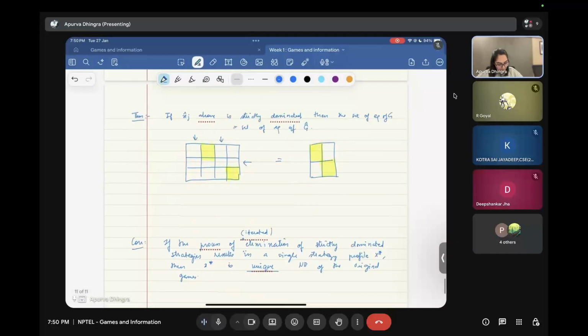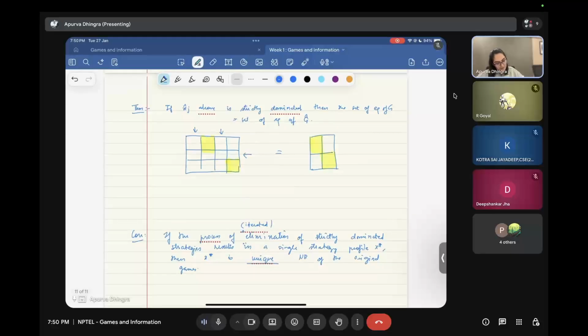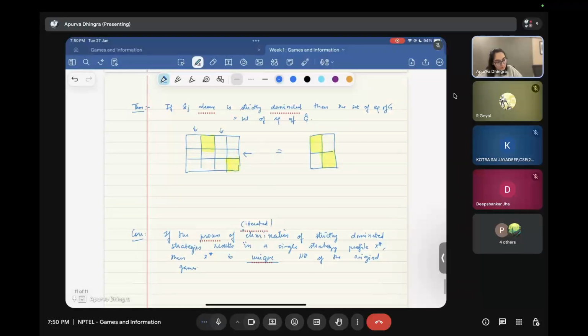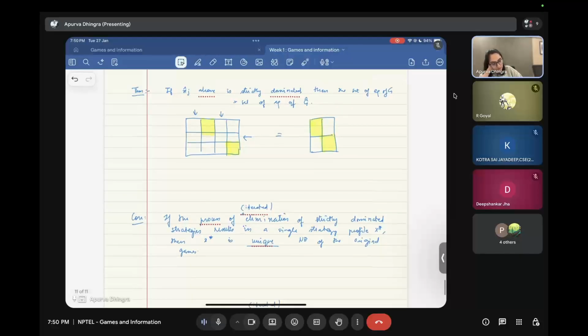Now we can ask the next question that okay, suppose we are actually doing this, and at the end of the process of removal of strictly dominated strategies we get one equilibria. So instead of two, we just get one. If that is what happens, then we can say that that particular equilibrium is actually unique in the original game. We got two, so we can't say anything further, right?